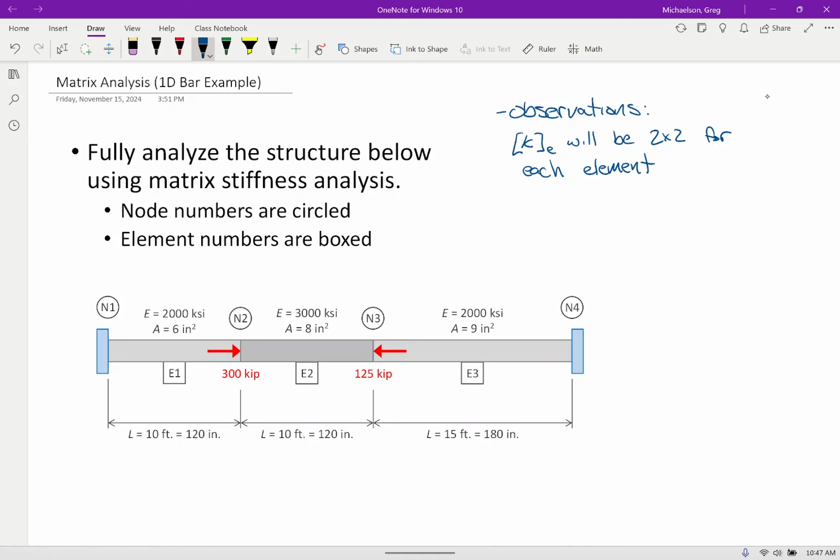The little spring matrix, the little K matrix, will be 2 by 2 for each element, but then K for the whole system will be 4 by 4.